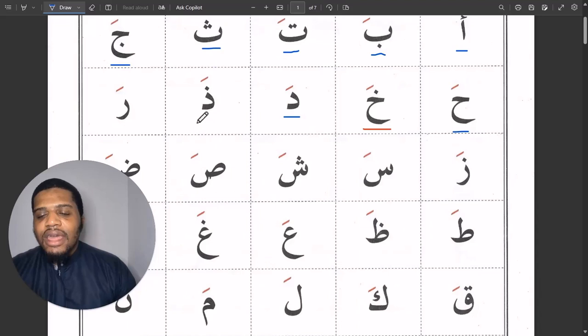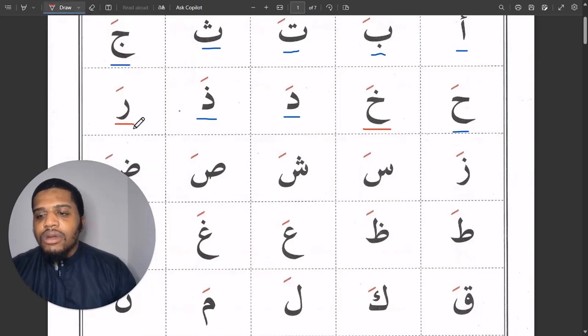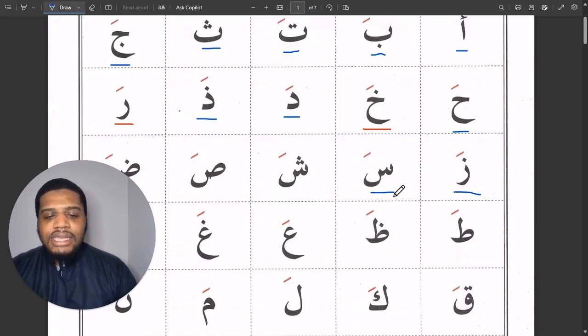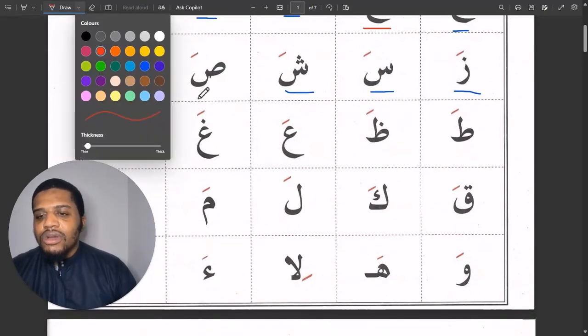Da, dha, and then we go back to strong. Ra, and then back to weak. Za, sa, sha, and then we go back to strong.